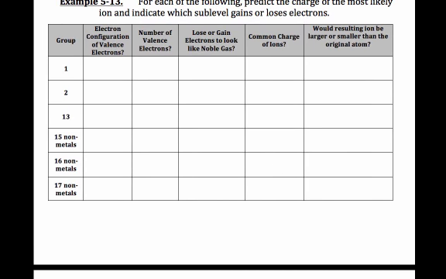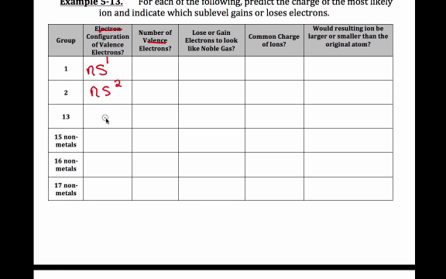So, Group 1, their electron configuration, we put N first, then we put L, and then we put the number of electrons. And we're going to just be doing the valence or the outer s and p electrons. Group 2 ends in ns2.